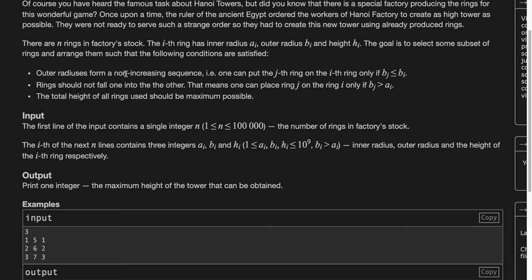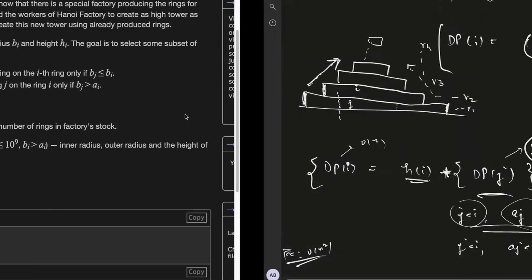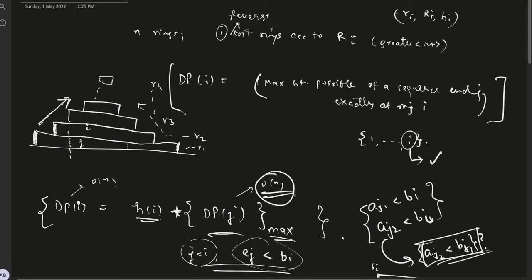Then first of all, the outer radius of J should be less than or equal to the outer radius of I, and furthermore the outer radius of J should be greater than the inner radius of I. So what this means is if R2 is placed above R1, first of all, from the question statement it is pretty clear that the outer radii should be in non-increasing order.